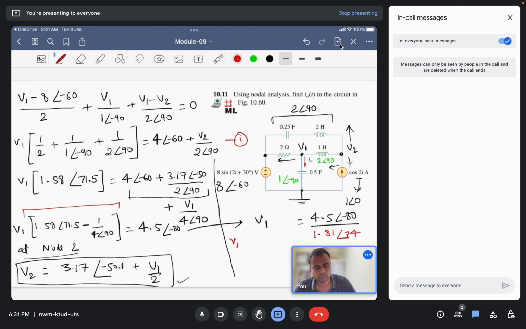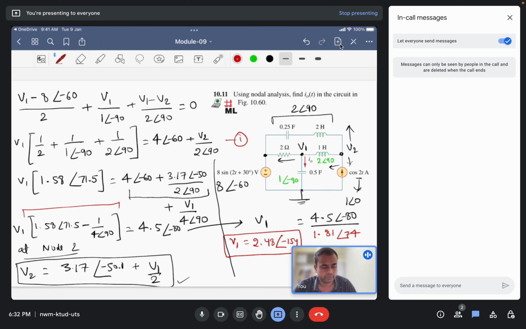So V1 is 2.48 angle minus 154. Minus 154 is the angle. So this is V1.